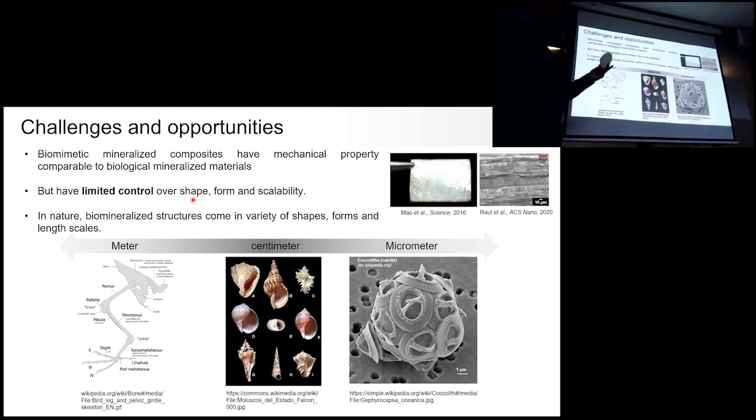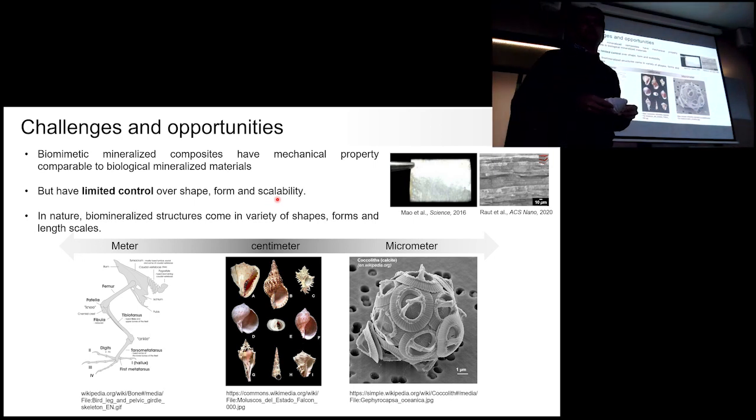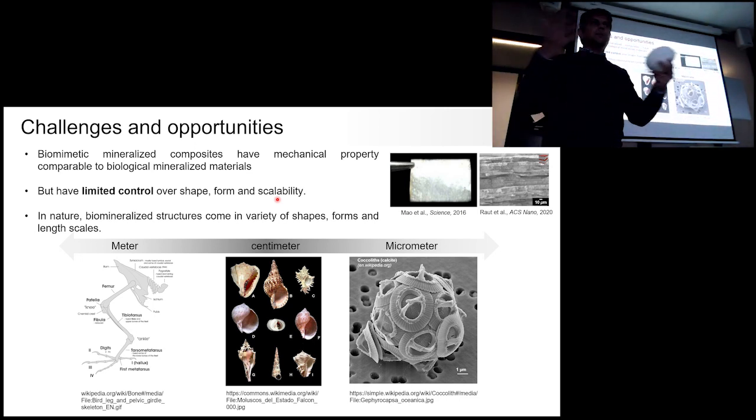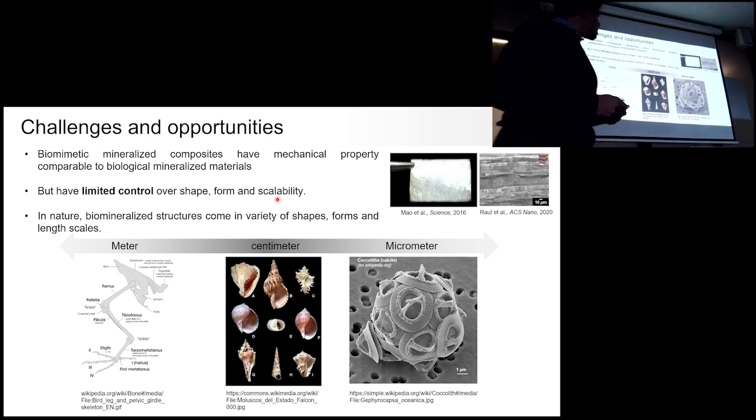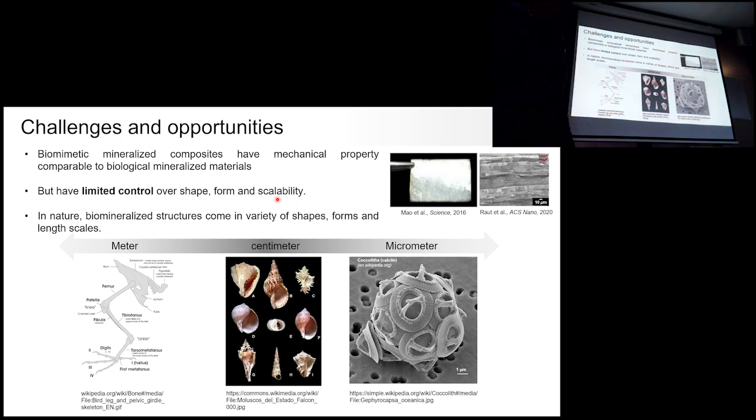So that's a challenge. Scale is another challenge. Although we have created these structures at centimeter scales, real applications require scalability. Those are the things that we and many others are looking at.